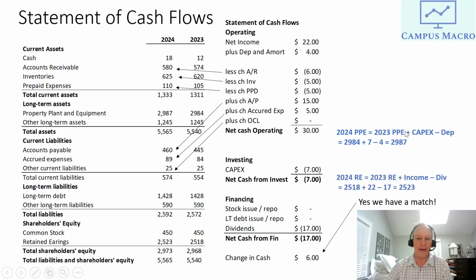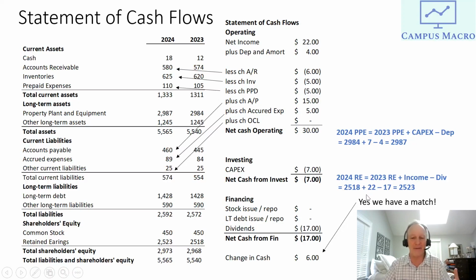And then the other thing is on retained earnings. So if you look on the balance sheet down here, we have 25.23 in retained earnings in 2024. We started with 25.18. So 2024 retained earnings is simply going to equal 2023 retained earnings plus net income minus dividends. Okay, so this is all the earnings that we've retained.